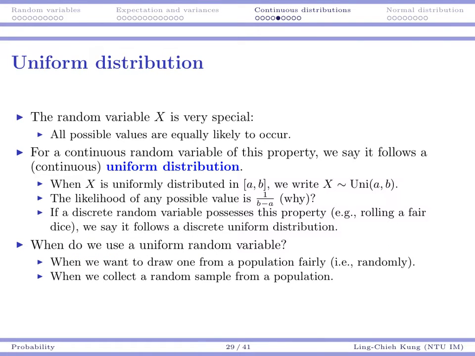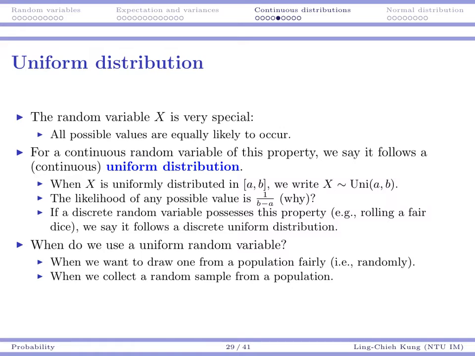Okay, so the previous random variable x is special. The thing is that all the possible values are equally likely to occur. In practice, many variables are in this way. Then we say that kind of random variable is uniformly distributed, or we say they follow a uniform distribution.